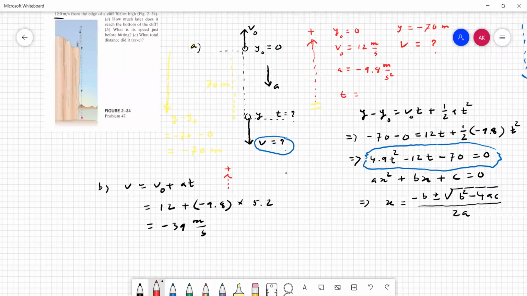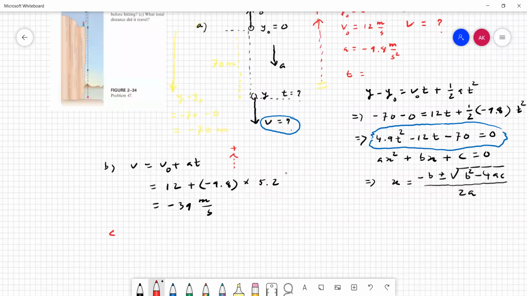So in part C, first we'd like to find that maximum height reached by the stone. To do so, I can use v squared equals v naught squared plus 2a(y minus y naught). I can use that one because I'm looking for the maximum height.